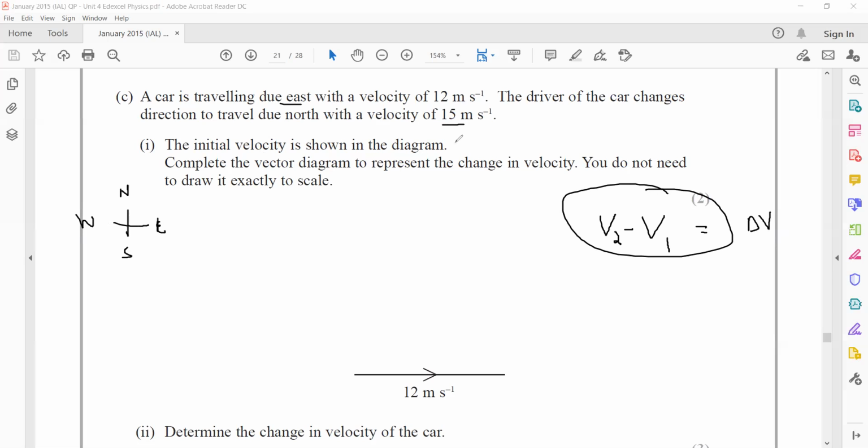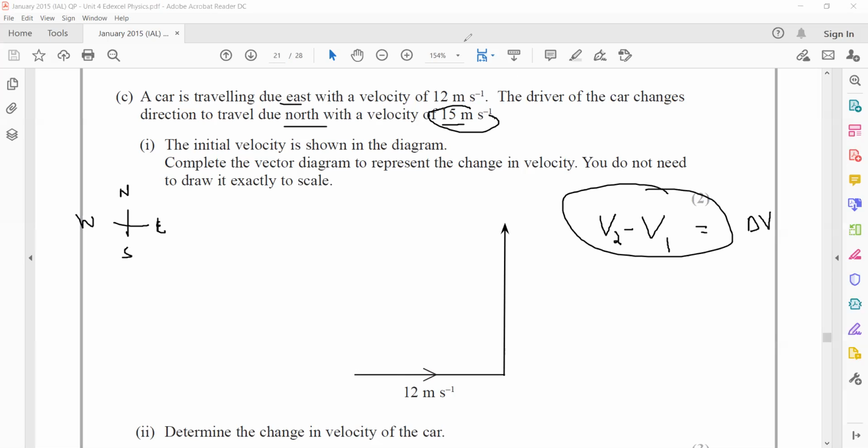So we'll draw the second vector. What is the direction of the second vector? It is due north, 15 meters per second. This is the vector addition rule.